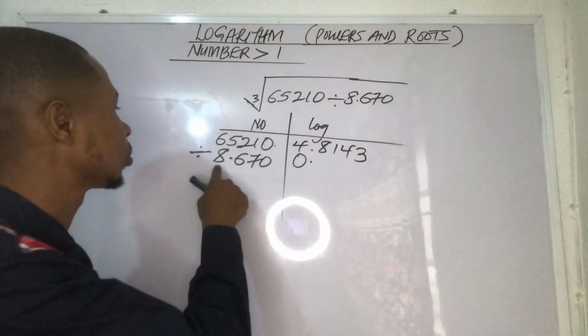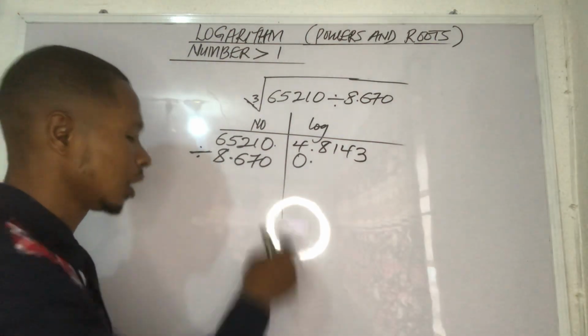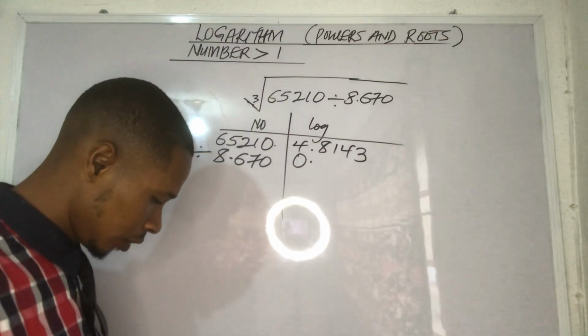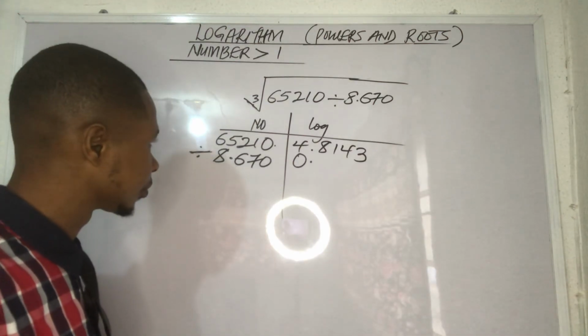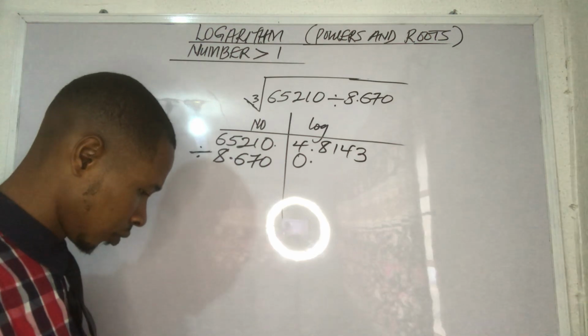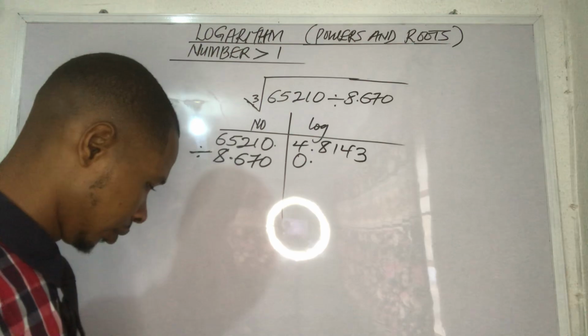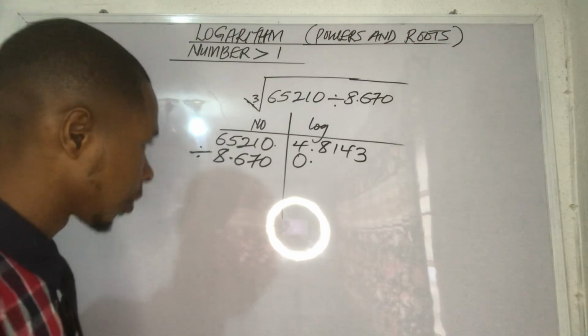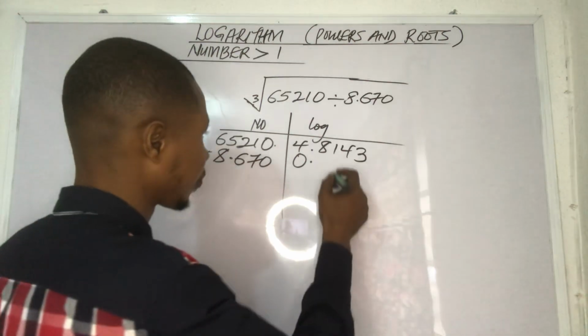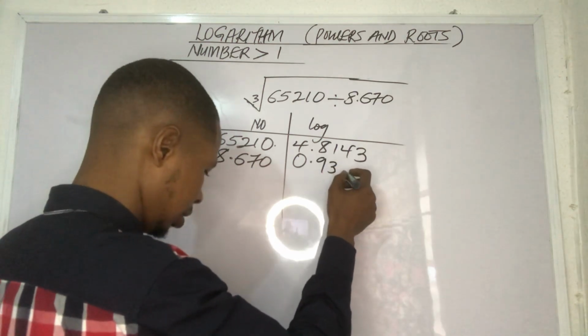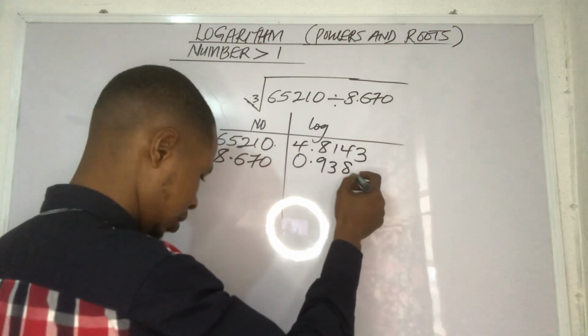Just look up 86 under 7. So that will give me 9380.